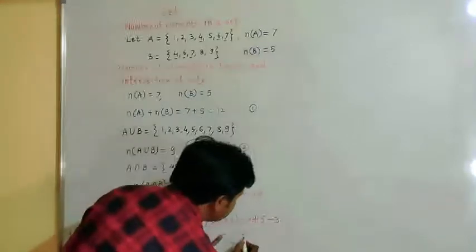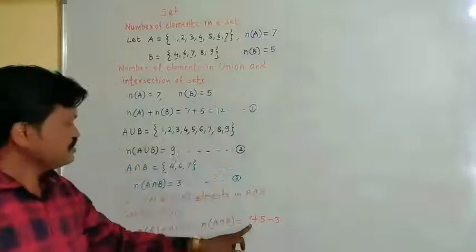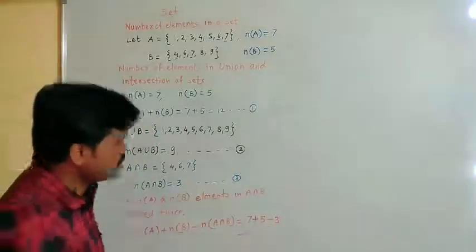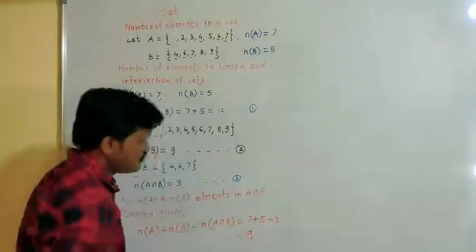So 7 plus 5 is 12, and 12 minus 3 is 9. So you get this 9.